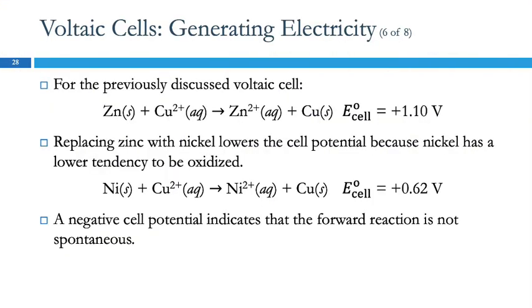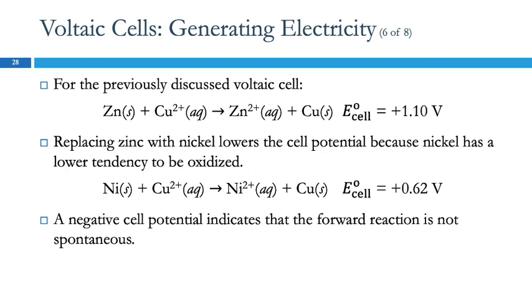So in the previously discussed voltaic cell, where we had zinc and copper, the zinc more easily gives up its electrons, and copper is more willing to take them. And so the standard cell potential there, when the concentrations are 1 mole per liter, will be positive 1.10 volts.